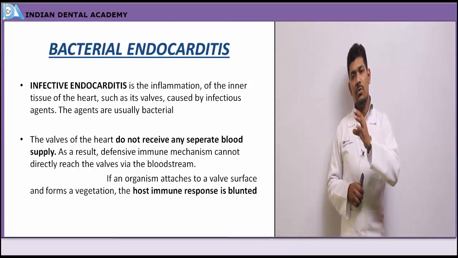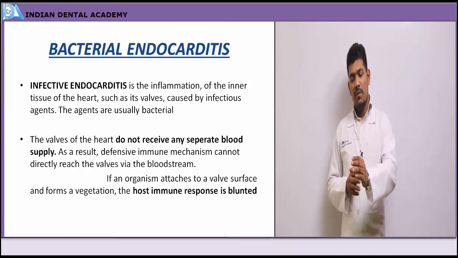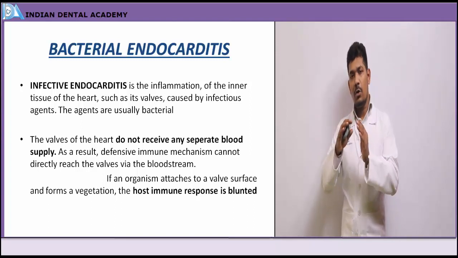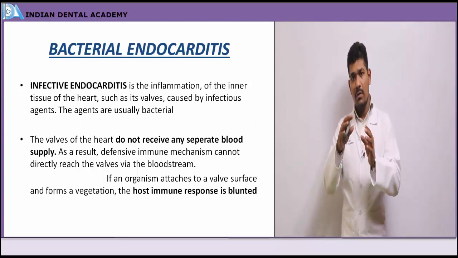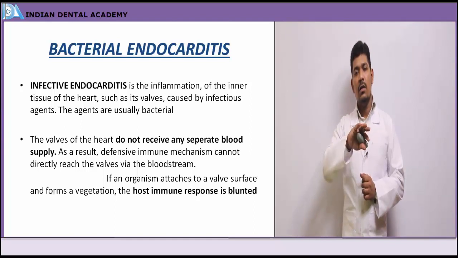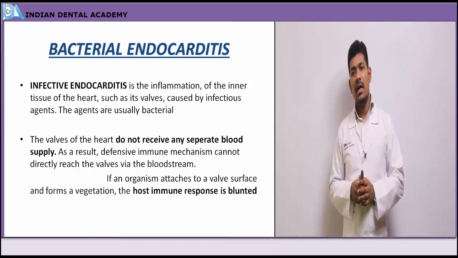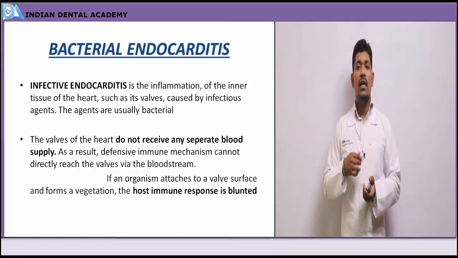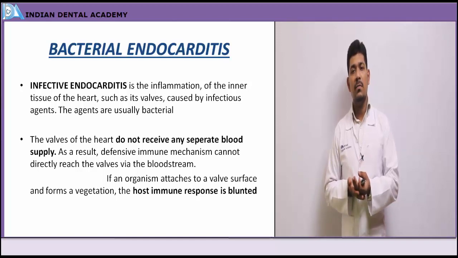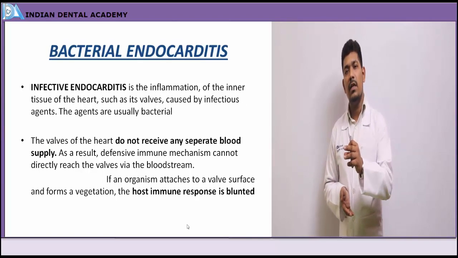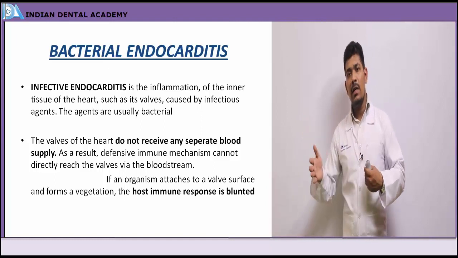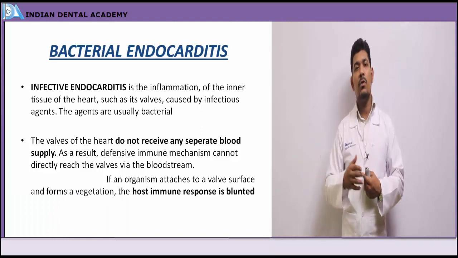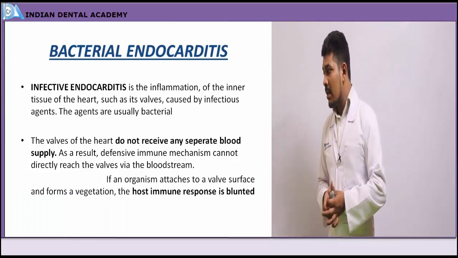So for any infections in this area, the treatment depends upon the general total health of the total circulatory system of the heart muscles or the collaterals present in the heart muscles, and it is highly difficult to treat this area because the immune system or the blood supply system is lacking. So the sequelae of this infection is more drastic and more fatal when compared to infection in any other particular area.